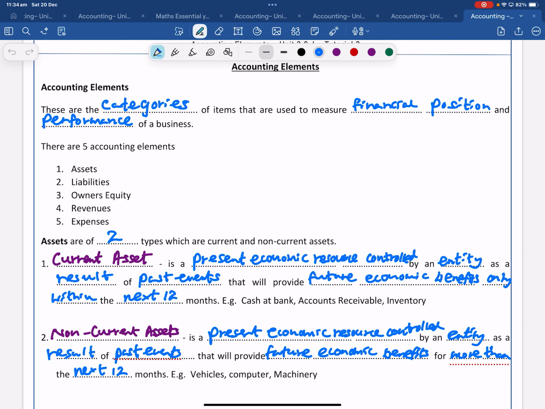Okay. Revenues, of course, you know, like what you make when you run a business. Expenses means what you spend to make revenues. Basically, these are the things, guys, that we are going to discuss.